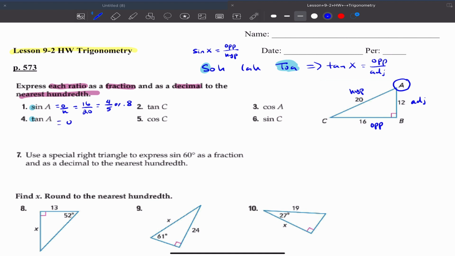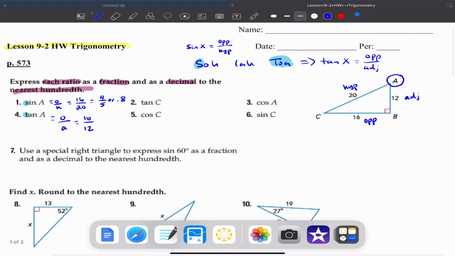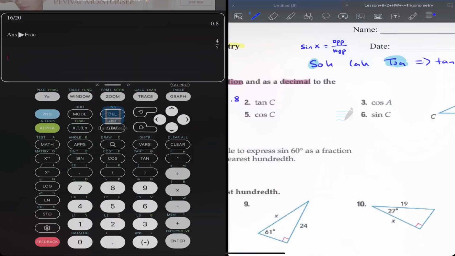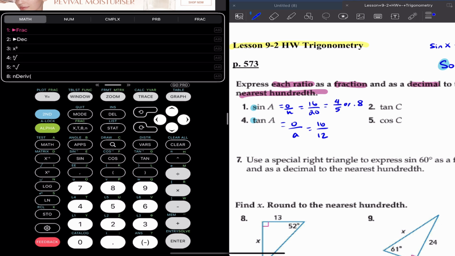So I write O over A, which is equal to 16 over 12. So again, I'm going to use my calculator. I'm going to write 16 over 12. I hit enter. Okay, well, what is that as a simplified fraction?